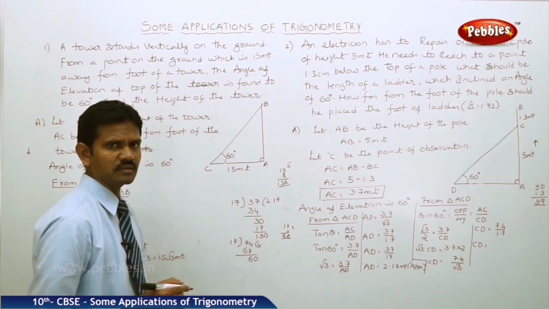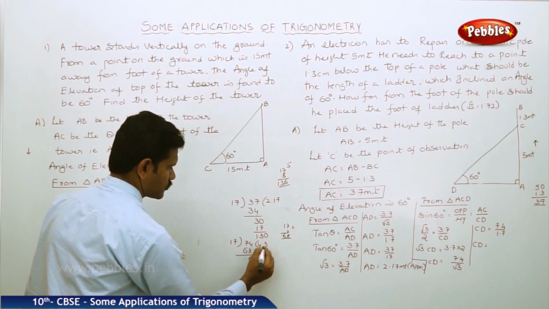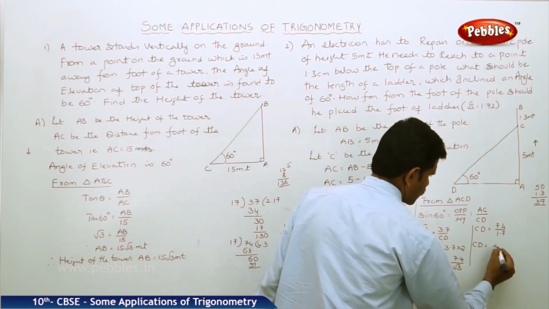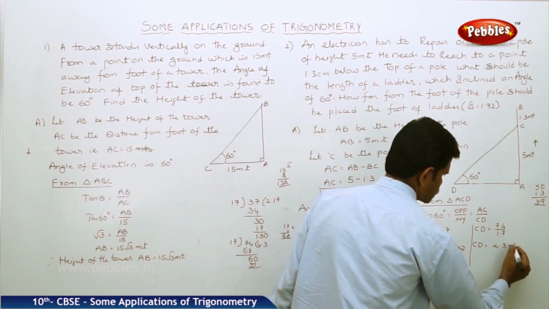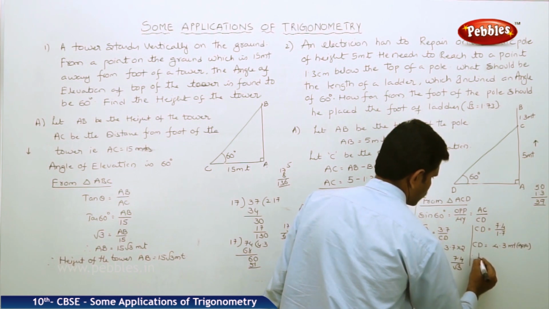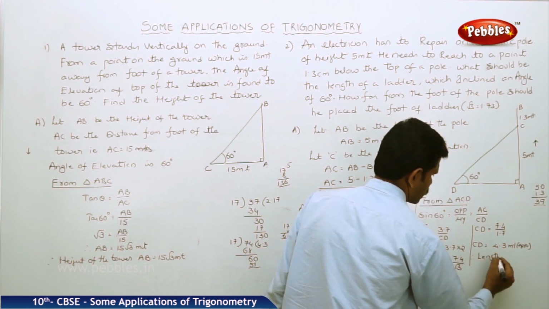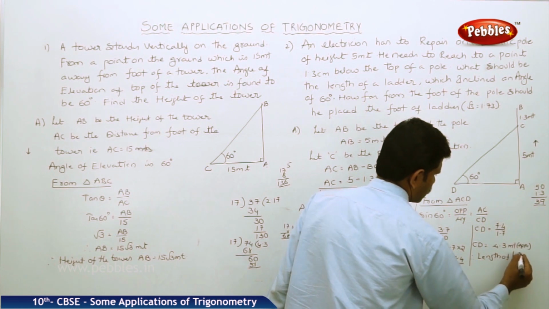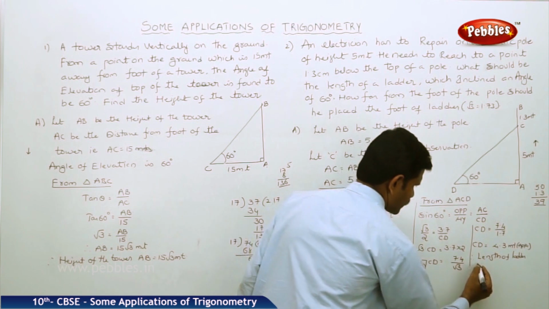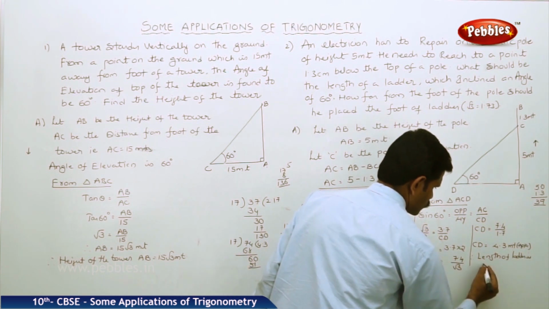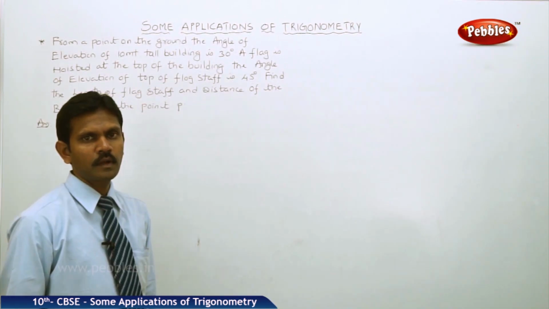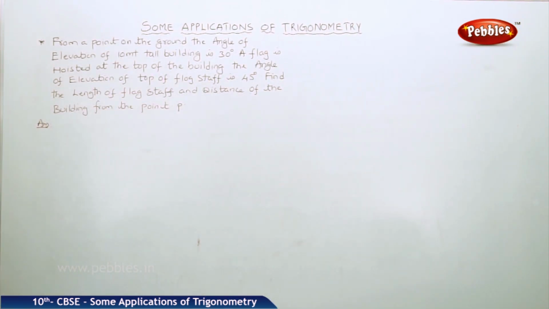Now 17 threes are 51, that is 4.3 meters approximately. Therefore the length of the ladder CD is 4.3 meters. Let us follow the next example.